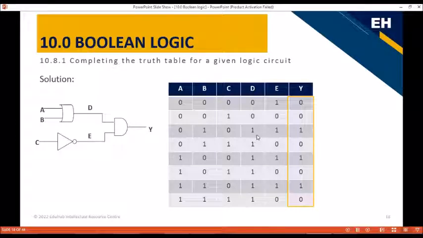We have 1 and 1 on the third row, therefore we have 1 as the output. We do not have 1 here and 1 here, then we have 0. We have 1 here and 1 here, we have 1. We also have 1 and 1 on the second to the last row, we have 1 as the output. So the rule, I state again, is that the output can only be 1 when both inputs are 1.